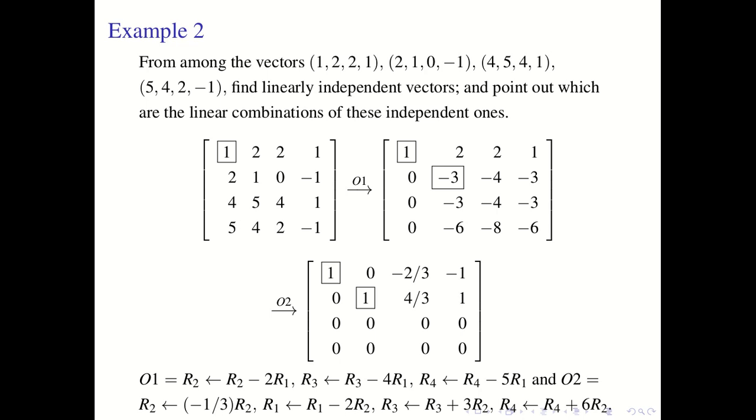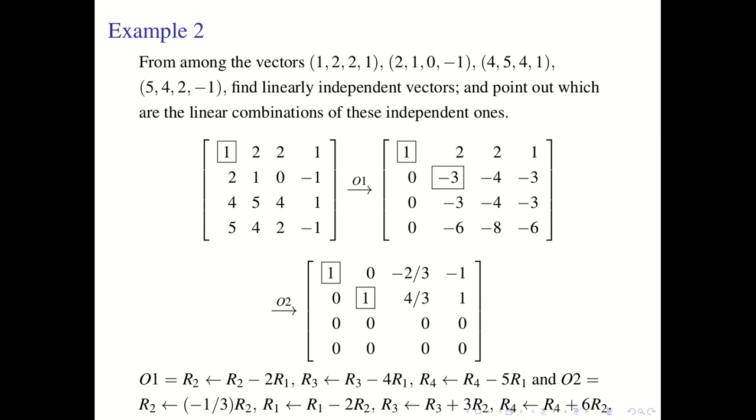The first set of elementary row operations, denoted by O1: R2 is changed to R2 minus 2R1, R3 is changed to R3 minus 4R1, and R4 is changed to R4 minus 5R1.